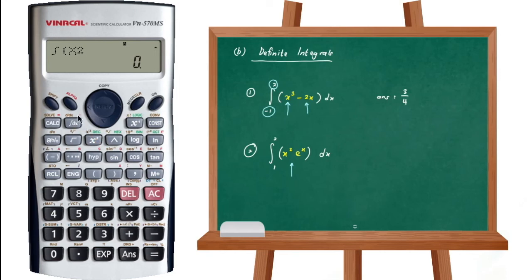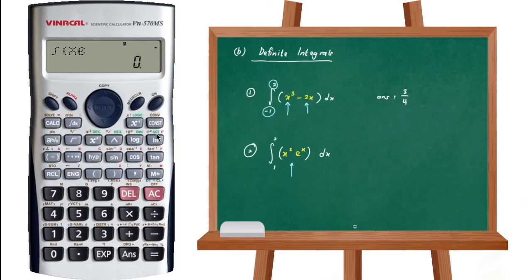There are two ways to display the exponential function, or e to the x. Either you press alpha then followed by this button ln. Notice that at the top of this ln button there is a symbol e, this red e.